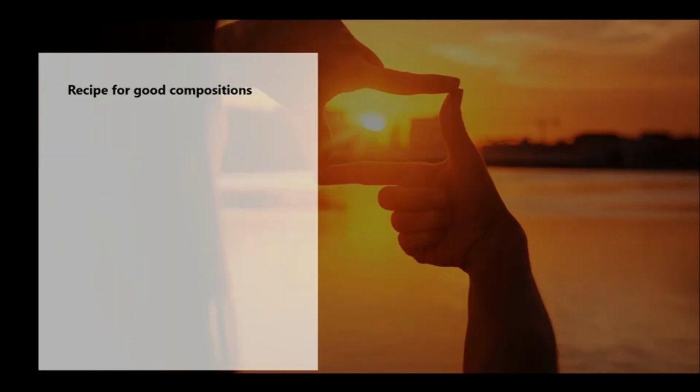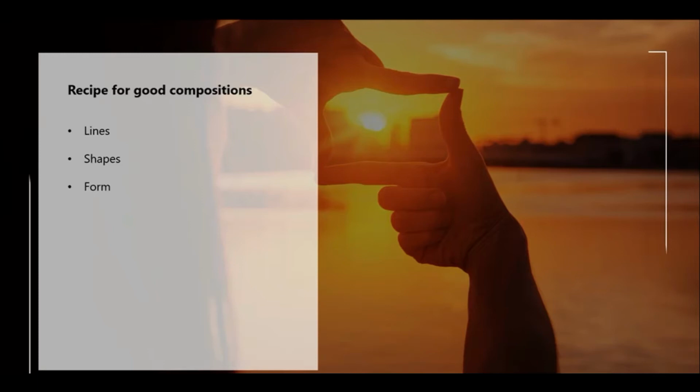The recipe for good compositions, to get very quickly started, things to look out for is that you want to look out for lines. You want to look out for shapes. You want to look for form. And form is the configuration of something. It's how it's made up. Like, for example, a flower. We appreciate the beauty of a flower. We appreciate its form. Textures.